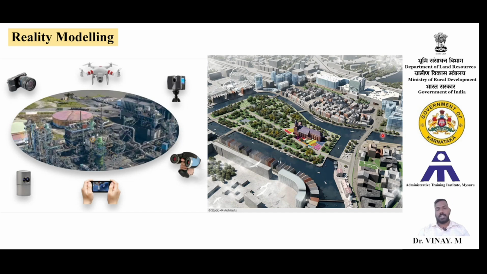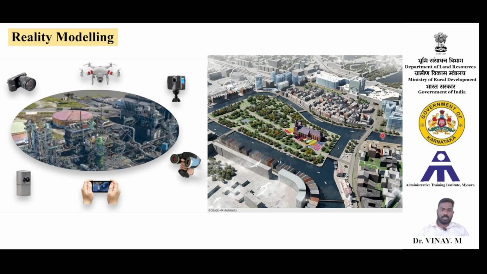And the main drawback of reality modeling is that the resources, the time, and the hardware capability should be very high while creating reality models. So more sophisticated instruments are required in order to create reality models.